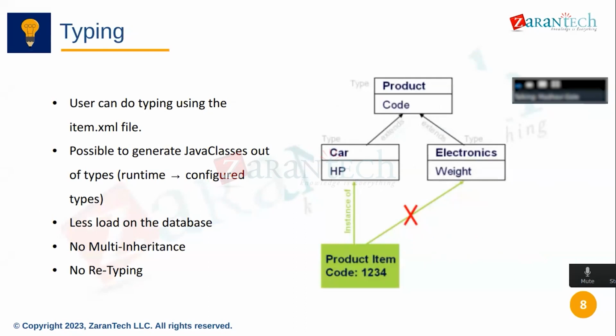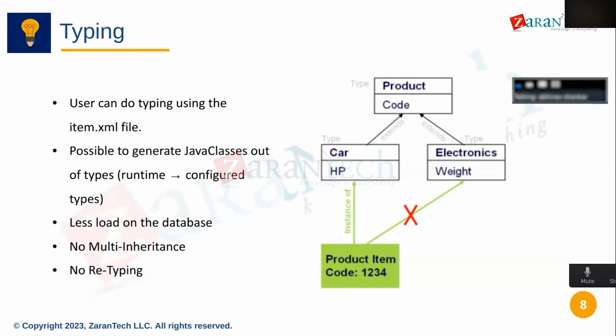So here, you mean to say this electronics is not dependent, like car is a different product and electronics is a different product, right? Correct. And product item is a part of car, but not electronics, right? It doesn't have any relation with electronics.